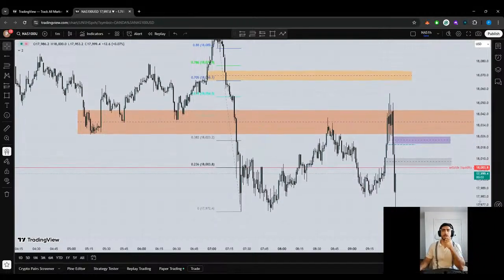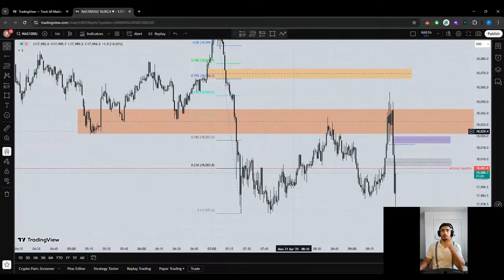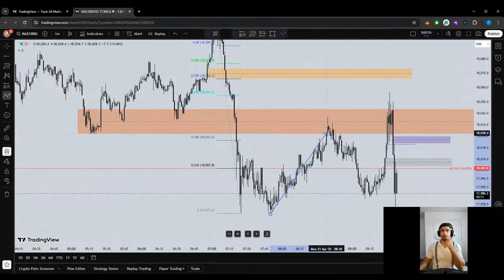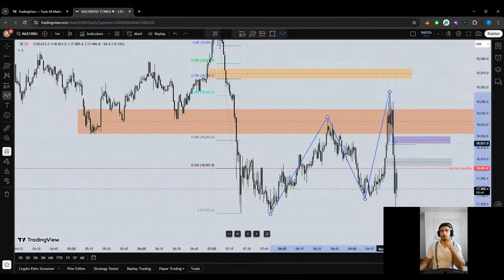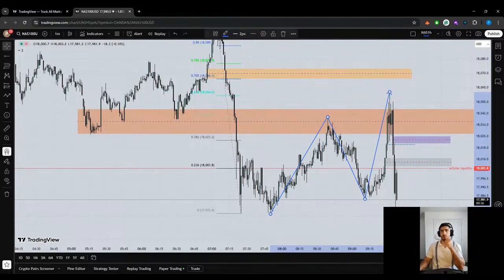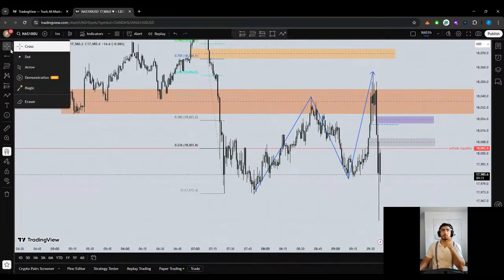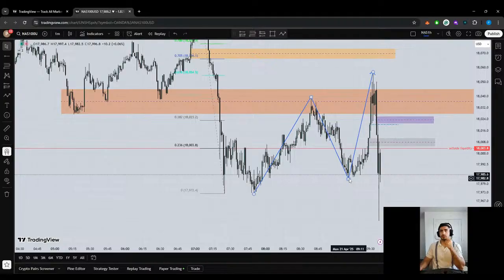Because if this closes positive, technically we didn't break market structure on this move up, right? So from here to here to here to here, we have higher highs and bodies closing above, but no body closing below these lows over here to change the structure. You see these lows?